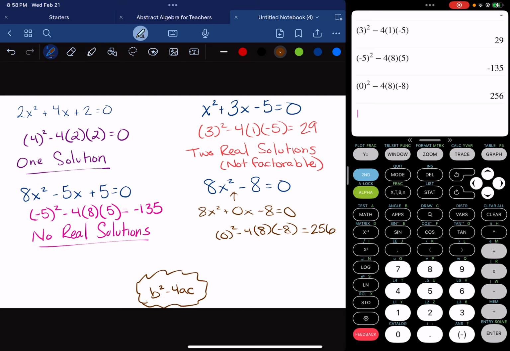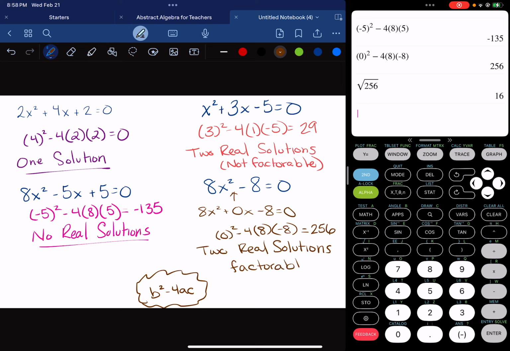Now, if you want to see if it's factorable, because we did get a positive number, we can try to take the square root in the calculator. And notice when we do that, I get a perfect number out, meaning that this is in fact factorable. So not only is it two real solutions, it's also a case that's factorable, meaning I can try to set up the x and get my solutions using the other method.